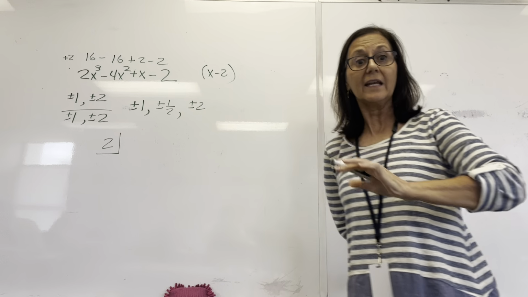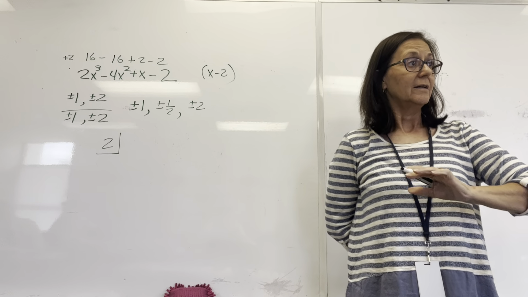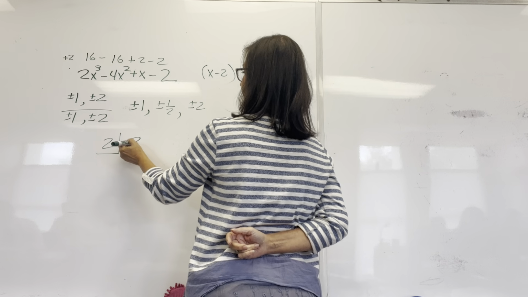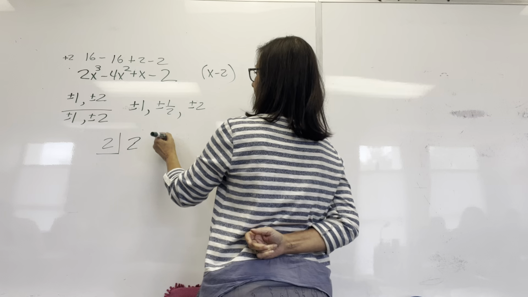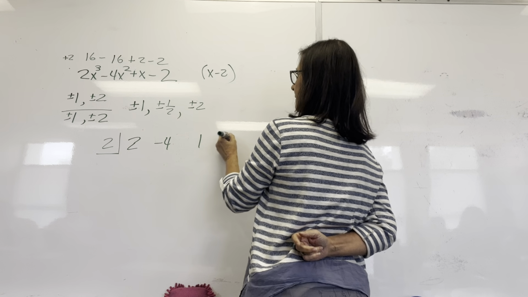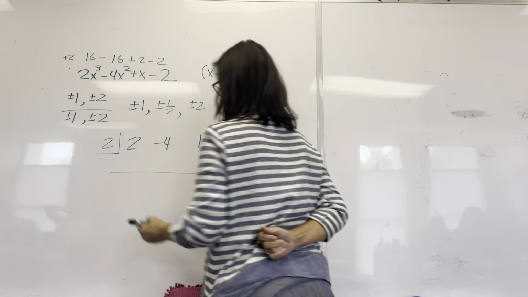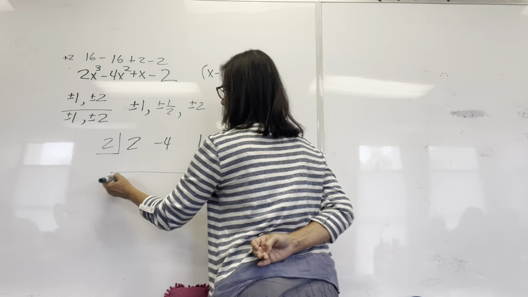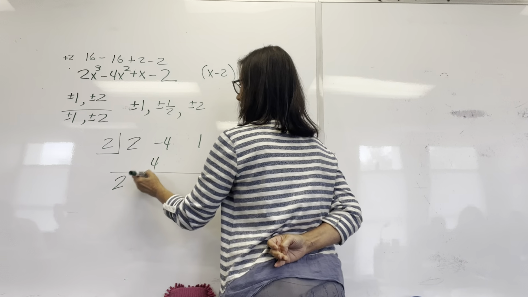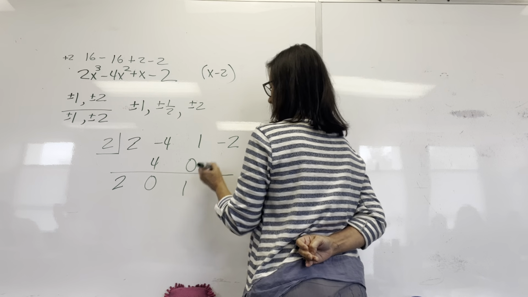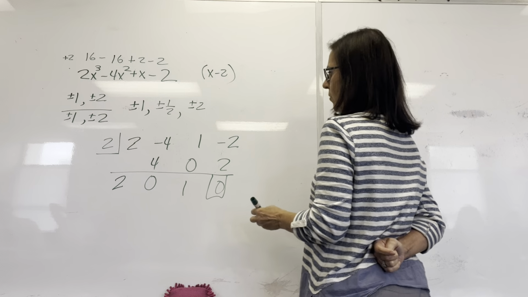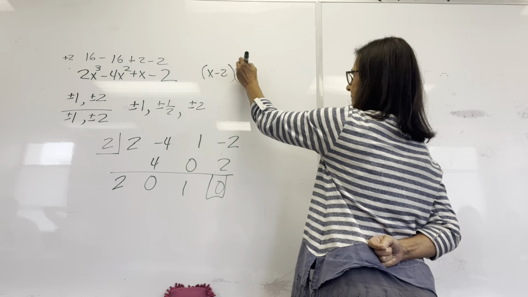So we're going to do synthetic division so that we break it down to an x squared. So it's 2, negative 4, 1, negative 2. Bring down, multiply, add. So that's 2x squared plus 1.